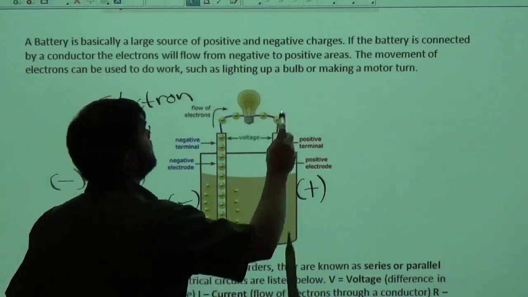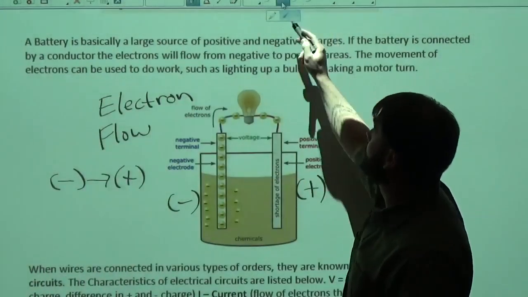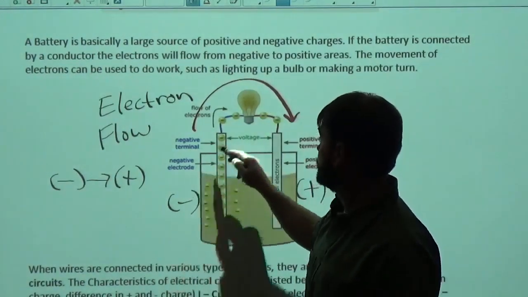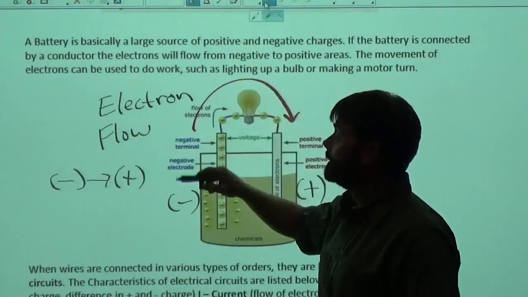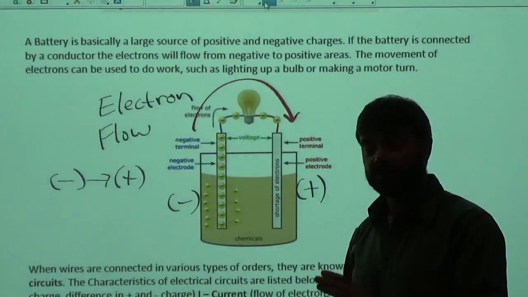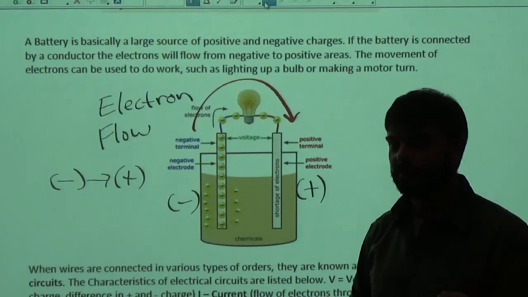It has to go from negative to positive, because that's what electrons do. Remember, the electrons are the ones that move. So when we talk about the negative side versus positive side, that's the negative charge versus positive charge. Where the electrons are and where the electrons want to go is always from negative to positive.